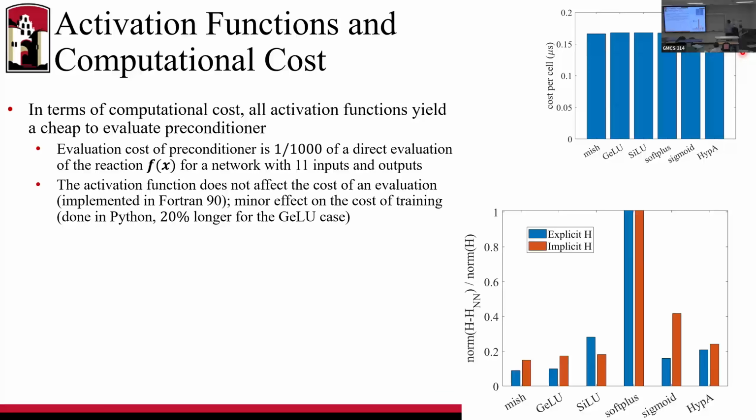Now, the activation function itself does not affect that much of the cost of an evaluation. It happens that most of this cost comes from the matrix multiplications rather than evaluating the activation. Don't change that slide because I have a fondness for Fortran 90, so I want to take a picture. Fortran 90 is most excellent.